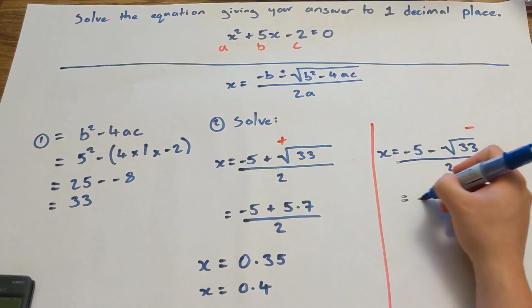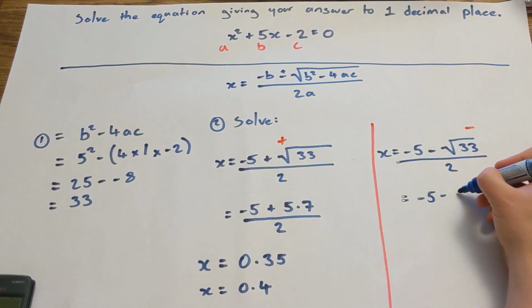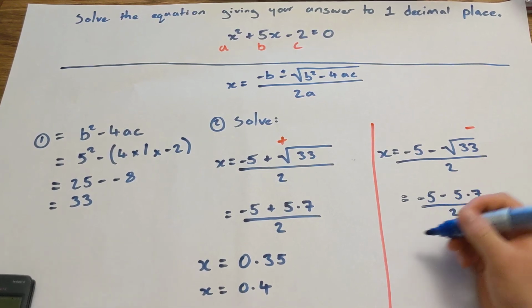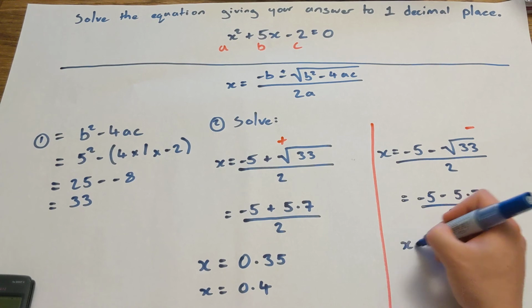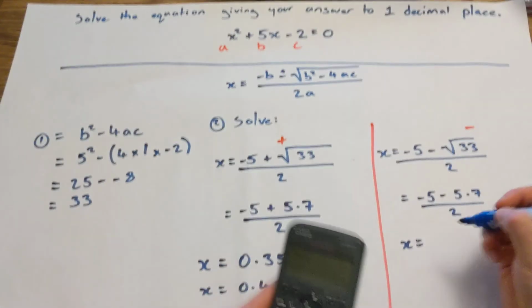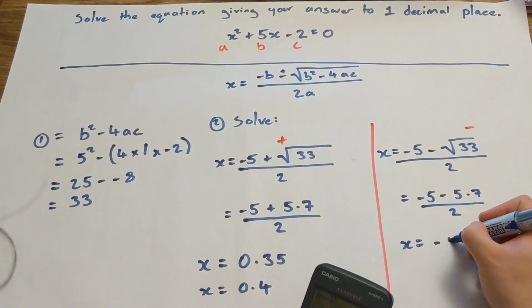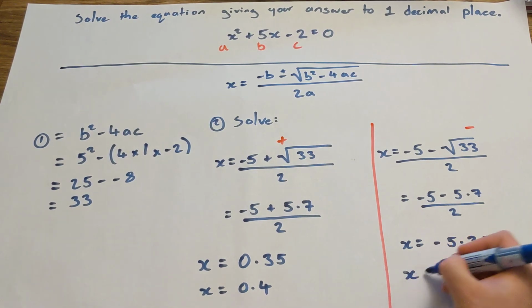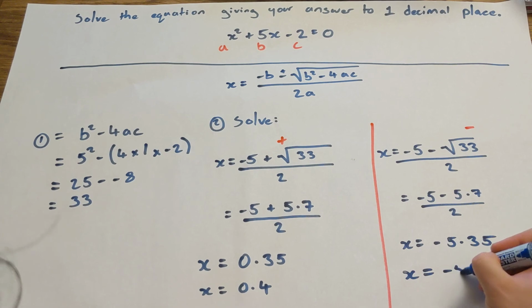So we already know, well, that's going to be negative 5 take away 5.7 divided by 2. So that means x equals, so I've got negative 5 take away 5.7, divide that by 2. It's going to give me negative 5.35, and again we want 1 decimal place, so equals negative 5.4.